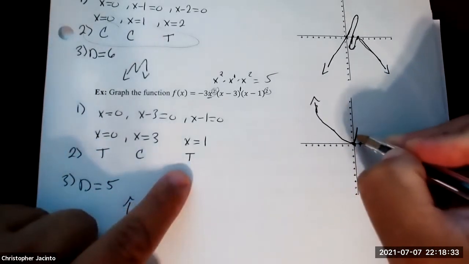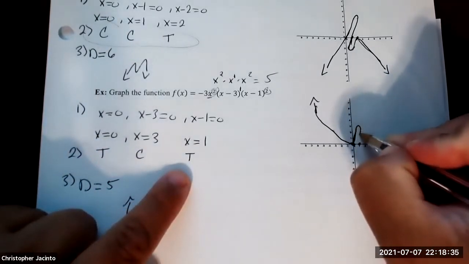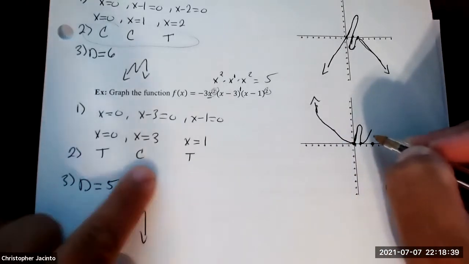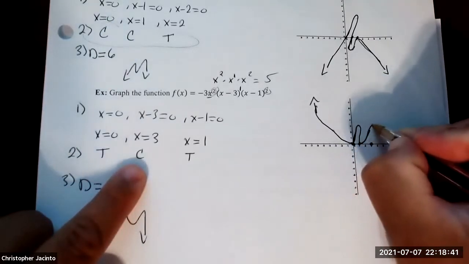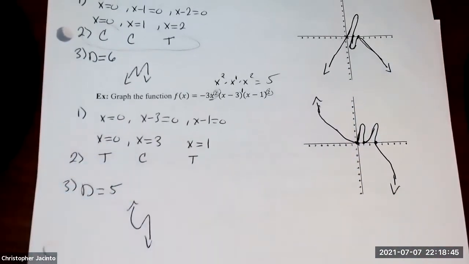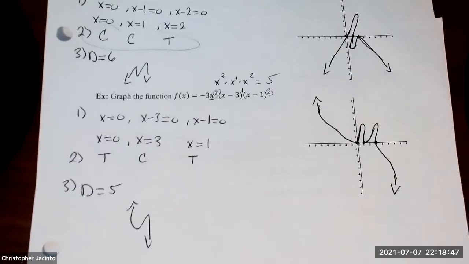At 1, it also touches, so it's going to loop, touch, bounce right around. And then at 3, it crosses. And there we go. That's roughly our sketch of our graph. Kind of weird, but yeah, not too bad.